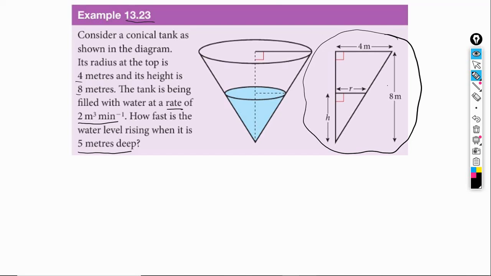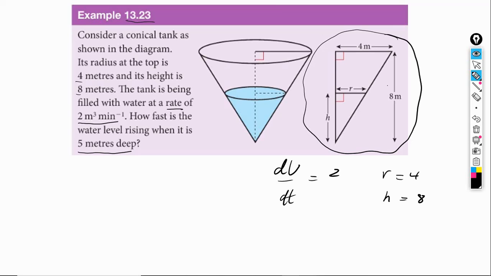Okay, so the first thing that it says is that the tank is being filled with water at a rate of 2 meters cubed per minute. So that is a rate of change of the volume. So the volume is changing at a rate of 2 meters cubed per minute. We also know that the radius is equal to 4 when the height is equal to 8.